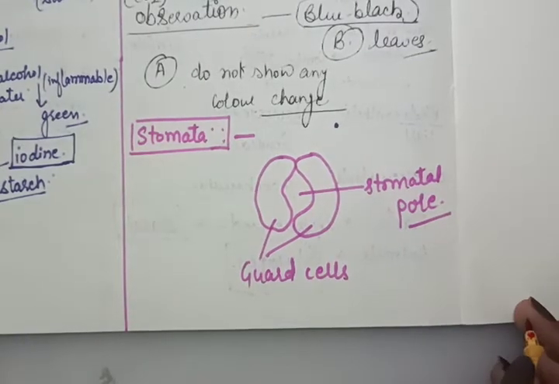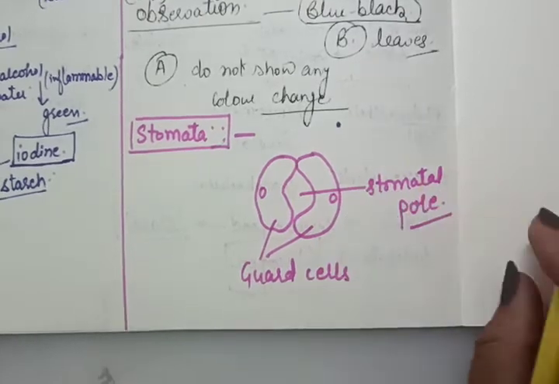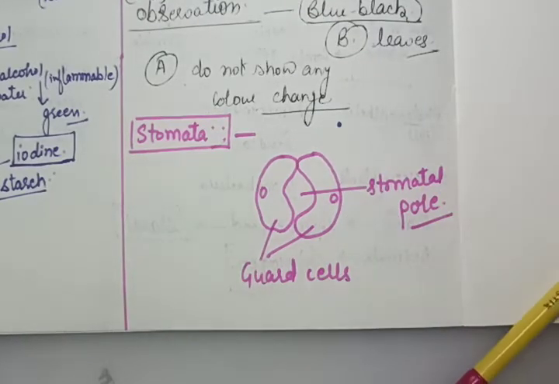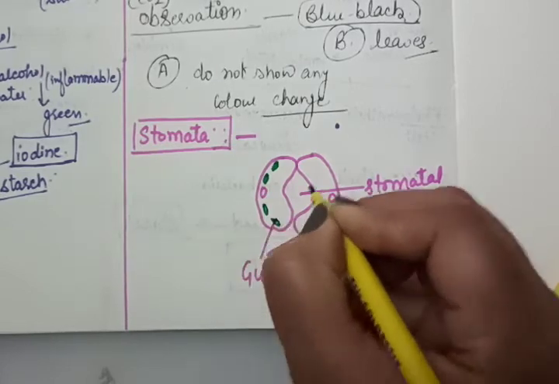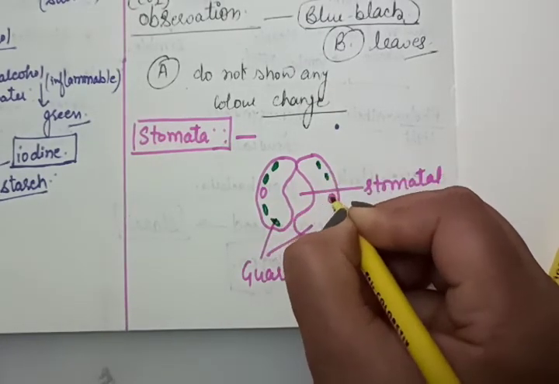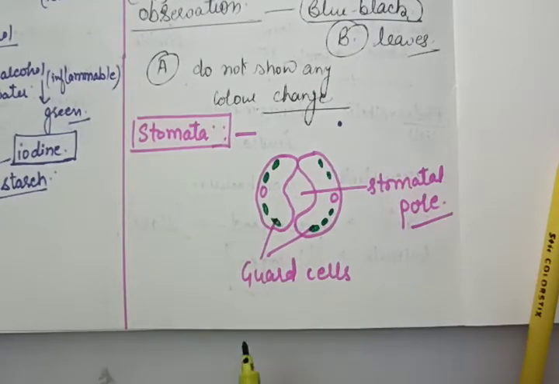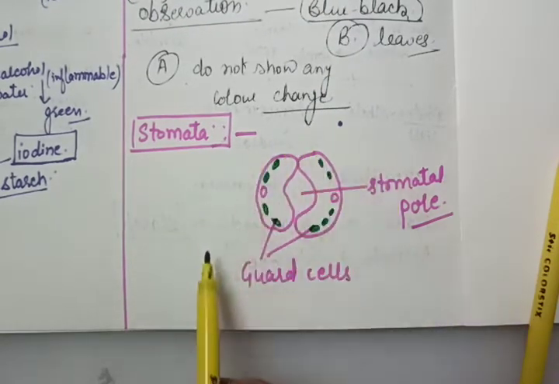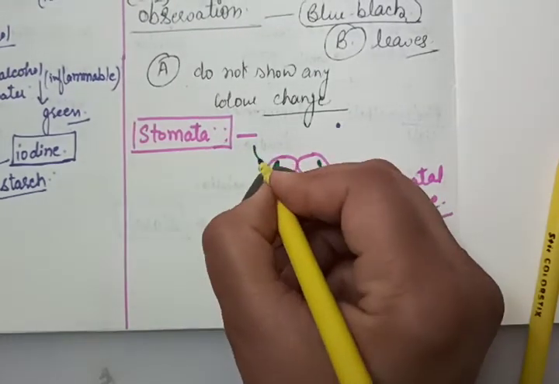Now these guard cells, because they are cells, they have the nucleus, but inside the guard cells they have chloroplast. It means they will also do photosynthesis. Because we are seeing the section of the leaf, around these guard cells are the epidermal cells.